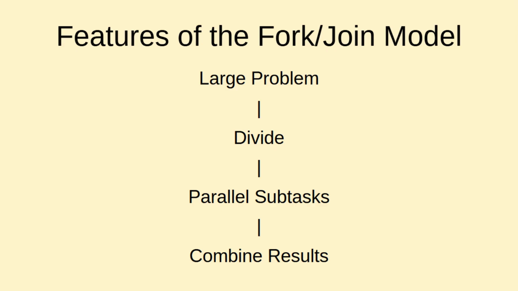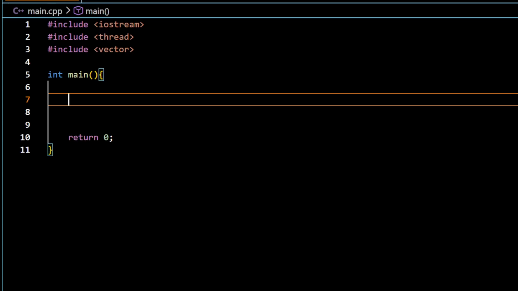Let me show this in coding. Here I will be demonstrating fork join using recursive and divide and conquer approach. You may find it similar to what we did in the divide and conquer method in the coding exercise, but as I told you earlier, this fork join uses this strategy. So let's get started.